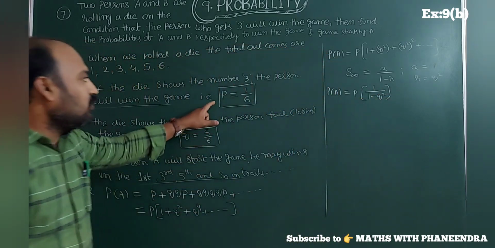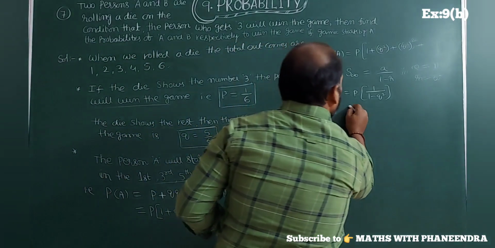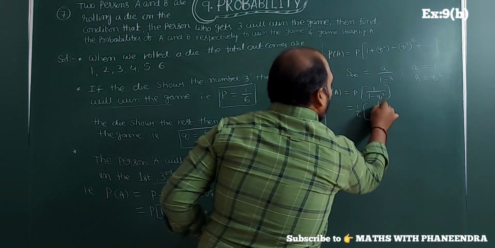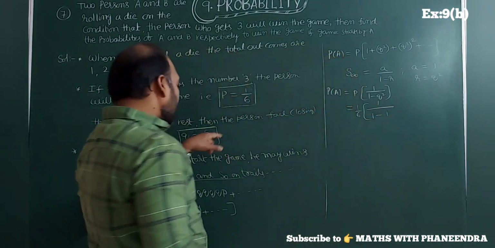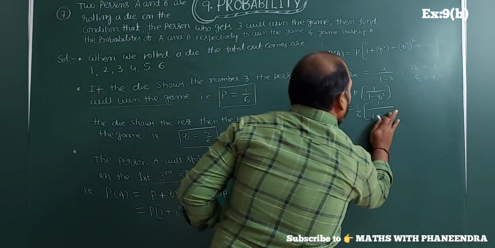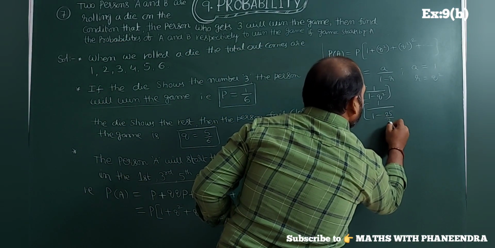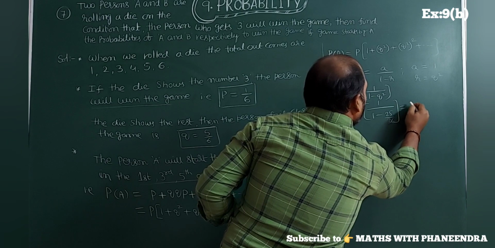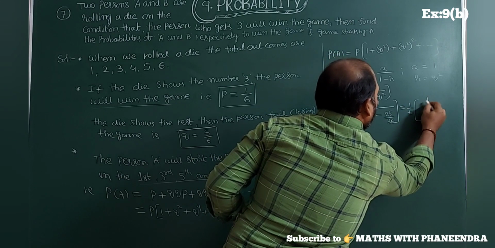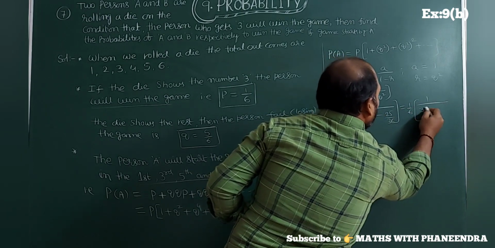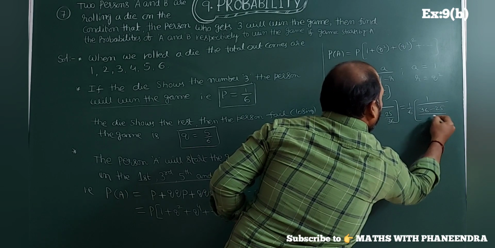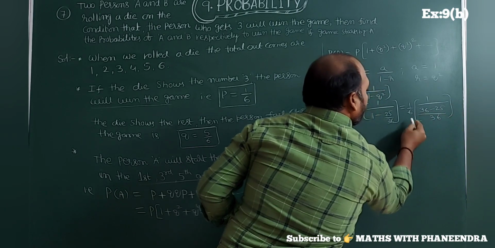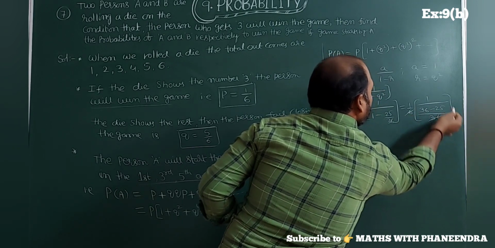What is P value? 1 by 6. 1 by 1 minus Q square, 5 by 6 whole square, 25 by 36. So if you simplify, 1 by 6 into 1 by 36 minus 25 divided by 36. 6 1s are 6, 6 are 6, will become here.